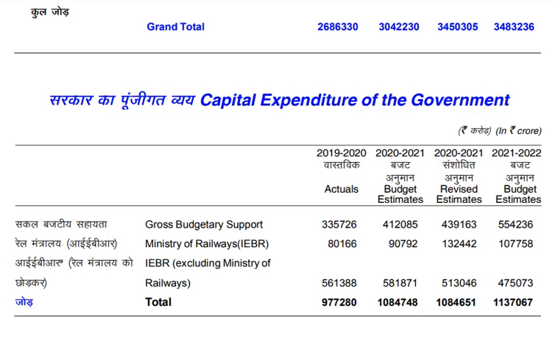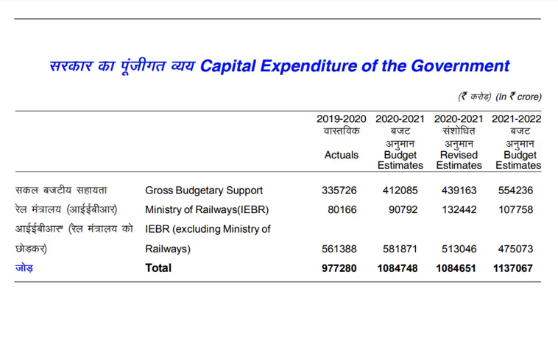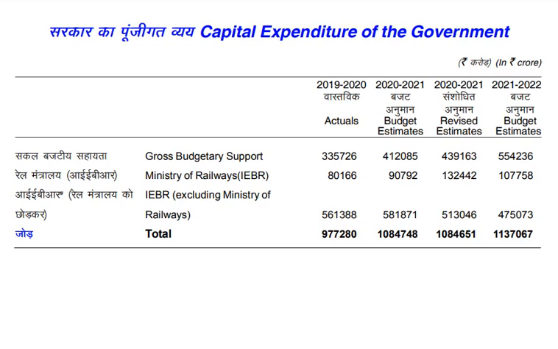On the capital expenditure front, we are looking at this number, gross budgetary support. What is this gross budgetary support? There is a 5-year plan for the government. Every year they plan to spend this much amount on this number, GBS.